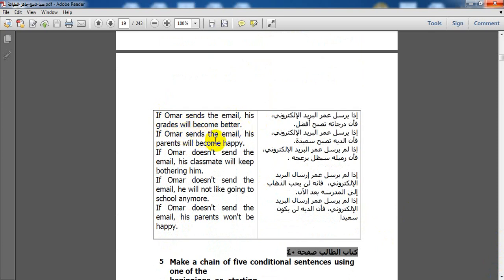If Omar sends the email, his parents will become happy. If Omar doesn't send the email, his classmate will keep bothering him. If Omar doesn't send the email, he will not like going to school anymore. If Omar doesn't send the email, his parents won't be happy.